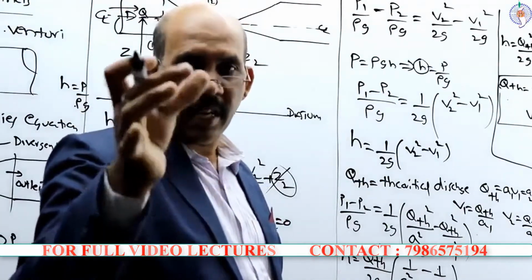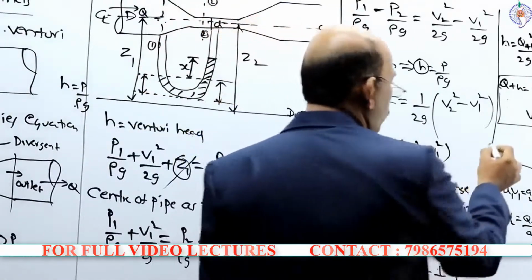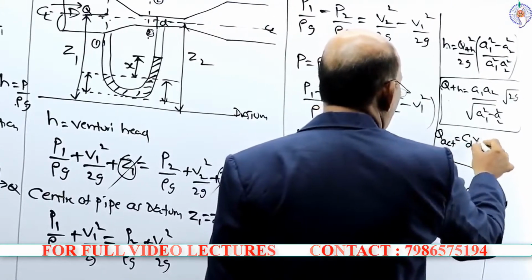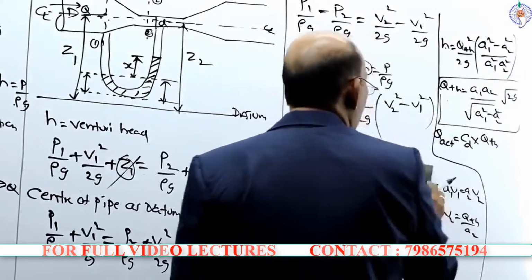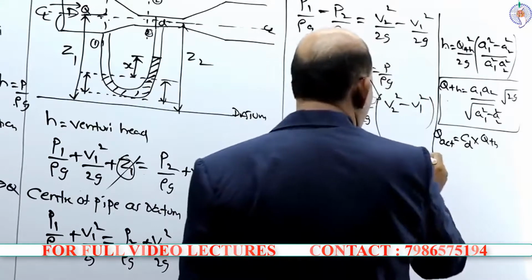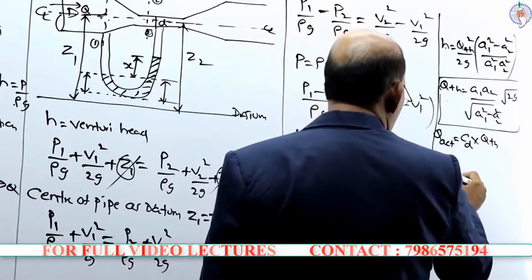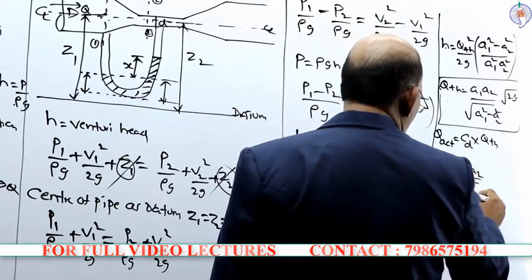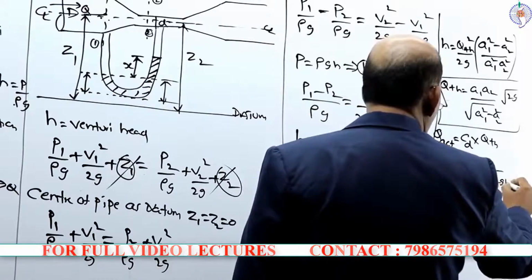If I consider the real or actual discharge, the actual discharge is equal to the coefficient of discharge into Q theoretical, and accordingly Q actual is equal to CD into A1 A2 divided by square root of (A1 square minus A2 square) into root 2gh.